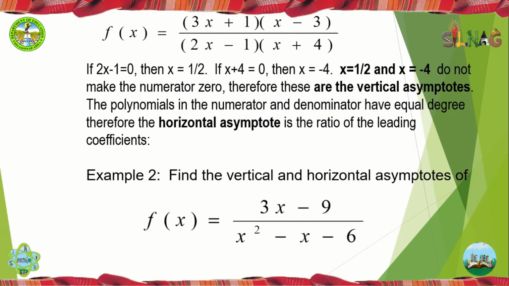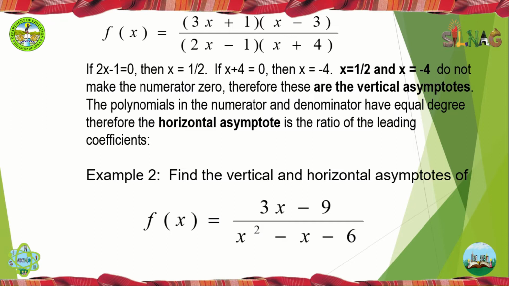So if 2x minus 1 is equal to 0 as the first factor of the denominator, then x will be equal to 1/2. And then if x plus 4 is 0, then x will be negative 4. 1/2 and negative 4 do not make the numerator 0.